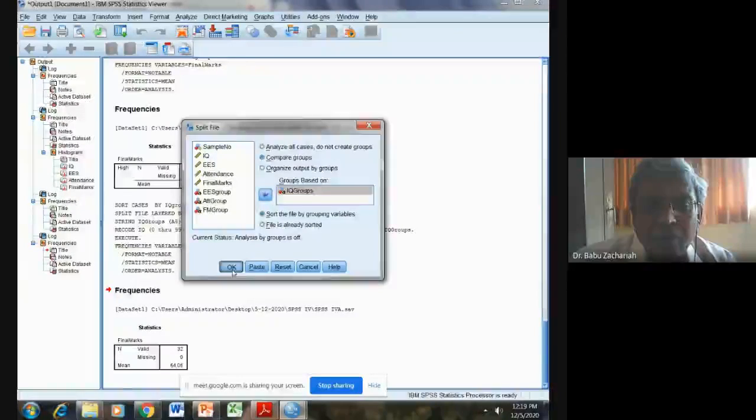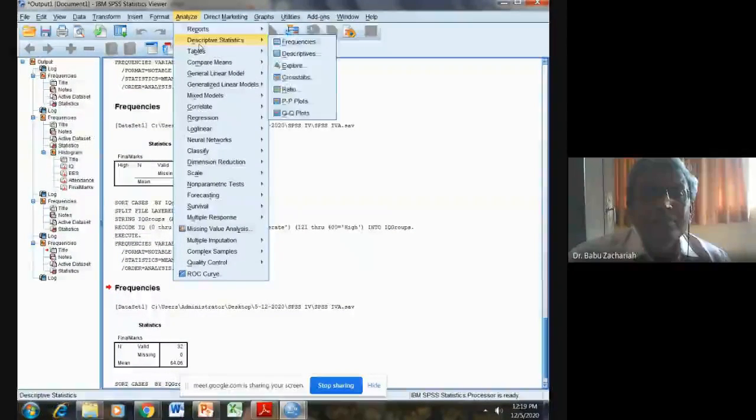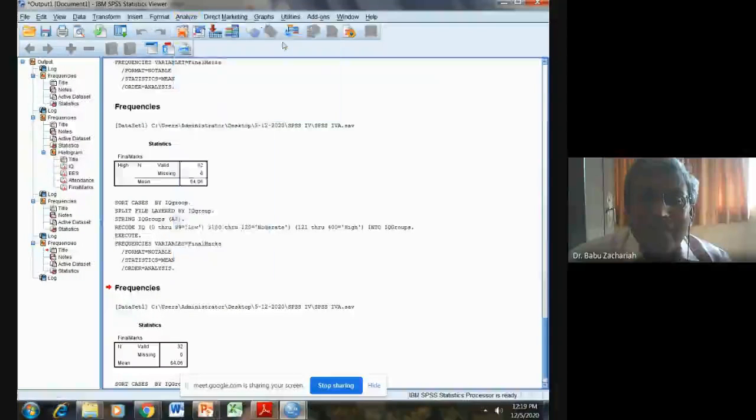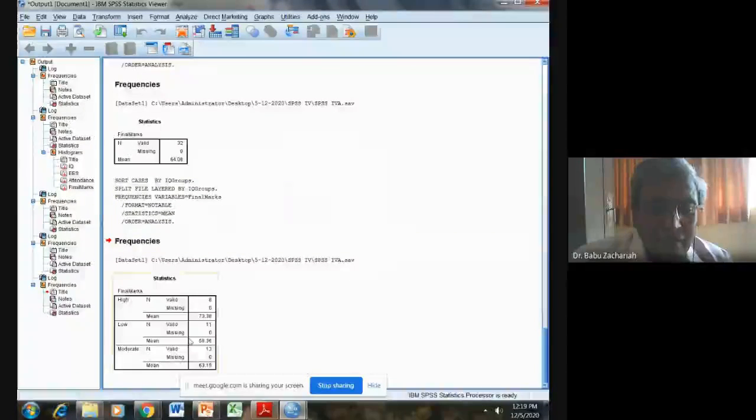Click OK, and now go and analyze this one. So the high group's mean marks is 73. Low group mean marks is 58. Moderate group, their mean marks is 63. So the 3 groups separately we got.